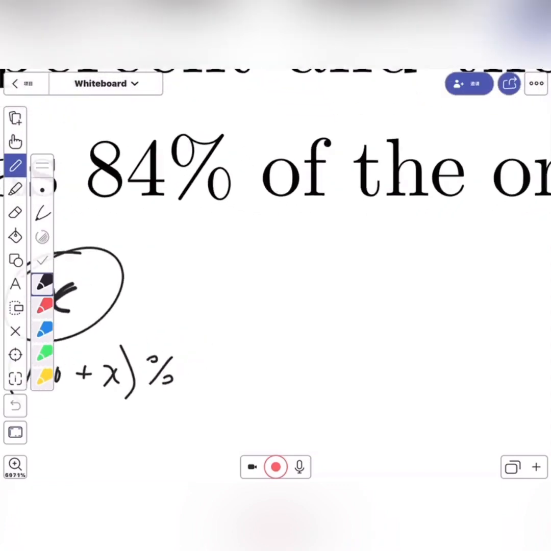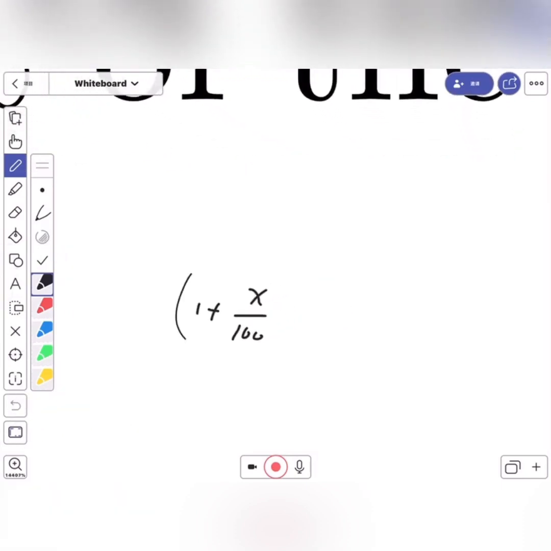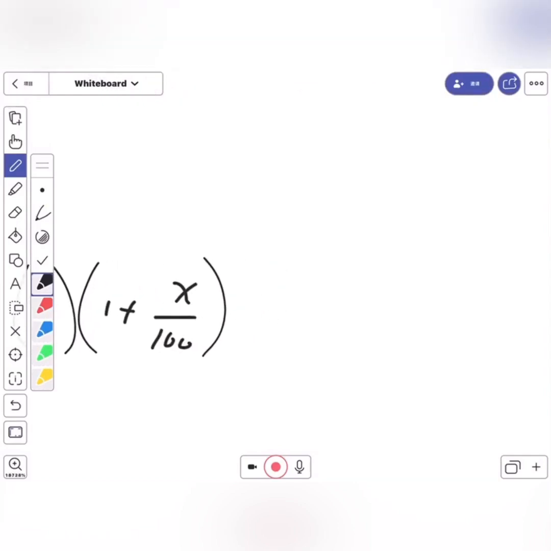So let x be the percent, then we're going to have 1 plus x over 100. That's the quantity that you have to multiply by 1. And now we have to multiply by the x percent decrease, which is 1 minus x over 100.